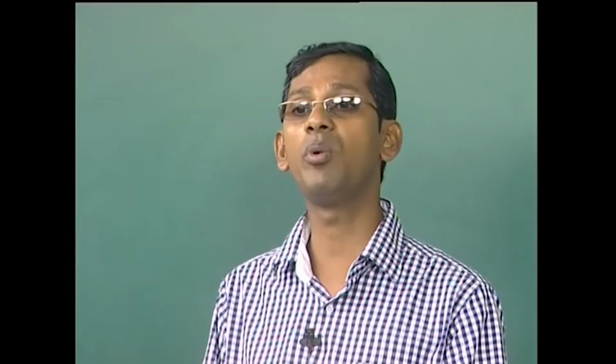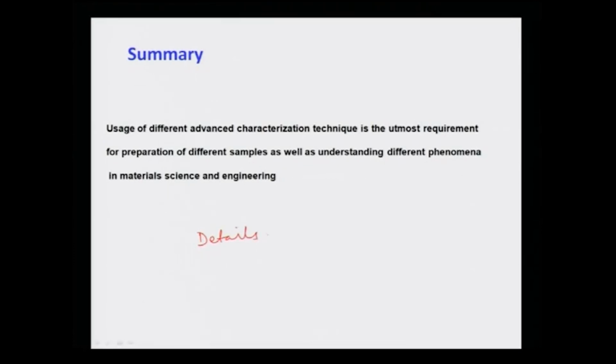This is more important for particles which are very small in size, like nano size or even in some cases micron size. So, in a nutshell, we need to know in detail the characterization techniques which are used by many of these labs for understanding the material science phenomena.